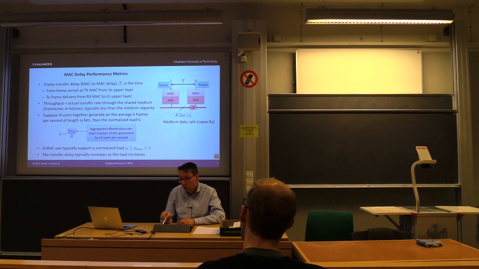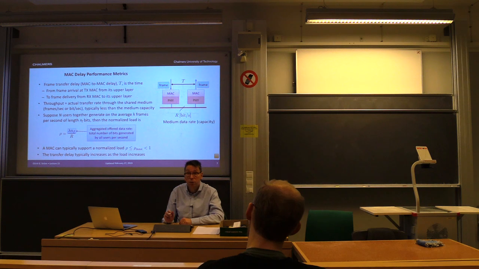It could be counted in frames per second or bits per second. And this is always less than the medium capacity. We cannot push more frames through this than the actual data rate supported by the physical layer, but we would like to use as much of that as possible.